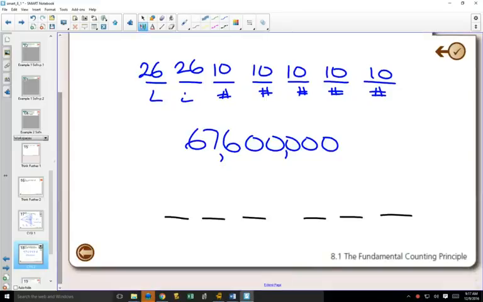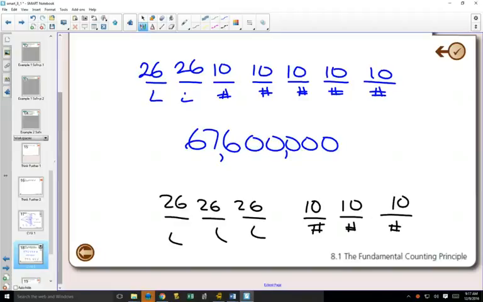So this is letter, letter, letter, number, number, number. How many cars does that allow us to have in Manitoba? Well, we can now figure that out quite quickly. Multiply 26, 26, 26 times 10 times 10 times 10.